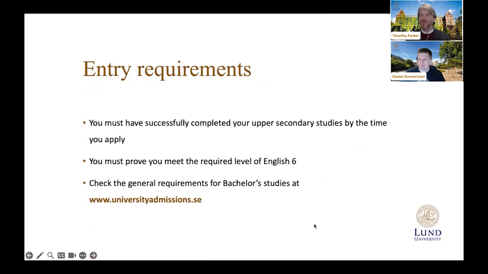And of course, we know that you want to know about the entry requirements. So the first thing that you really need to know is that you must have successfully completed your upper secondary studies by the time you apply.